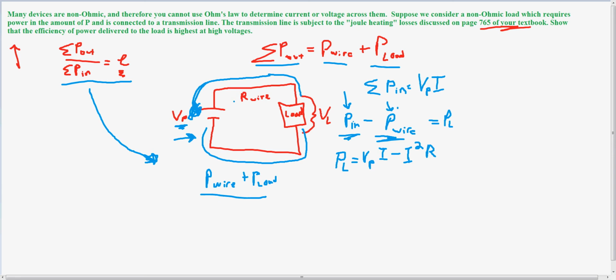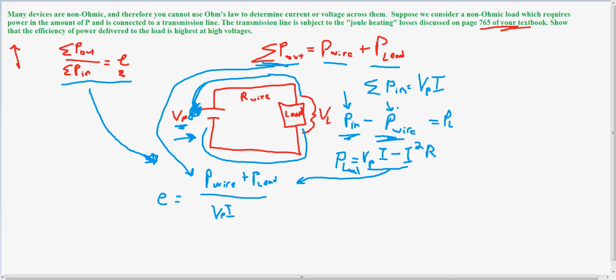Sorry, it's right here. Power of the output is equal to this, and then the power of the input, which is VP times I. So we're basically taking this definition, setting it equal to E. And since I now have a power of the load, I can plug that in right there.